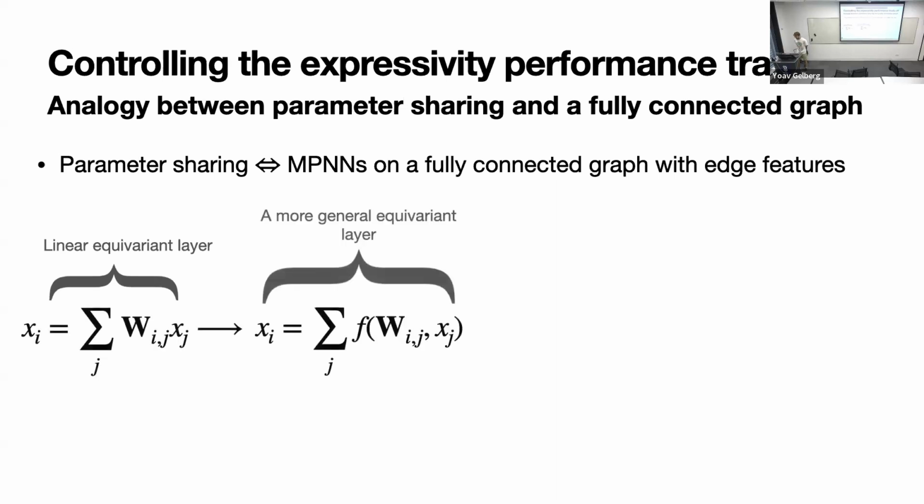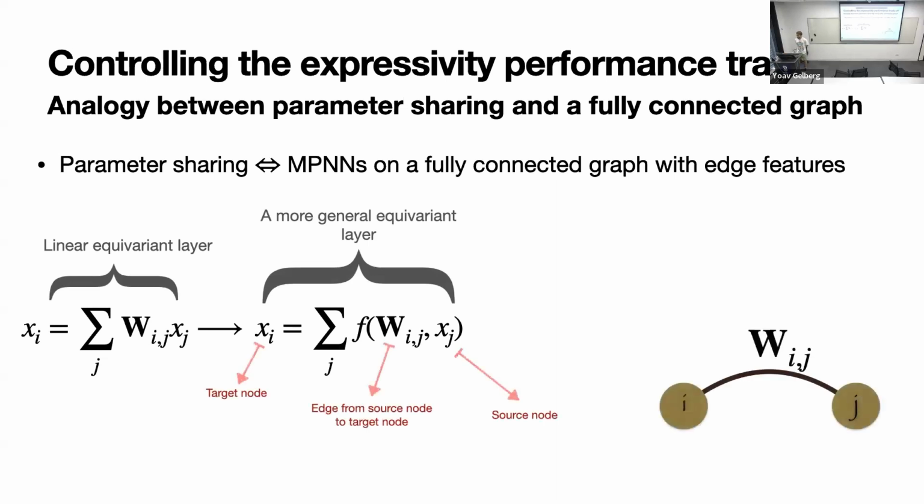And the slightly more general form is instead of doing Wij times xj, we can have a function which is a function of Wij and xj. And this is also equivariant. And this very much reminds of message passing, because xi can be thought of as the target node, xj as the source node, Wij as the edge feature between the source node and the target node, and f is simply the message function.